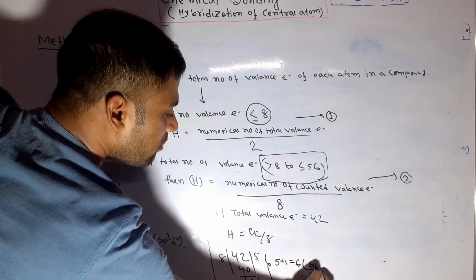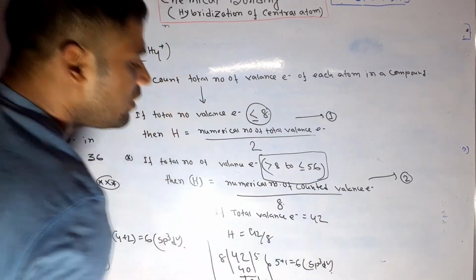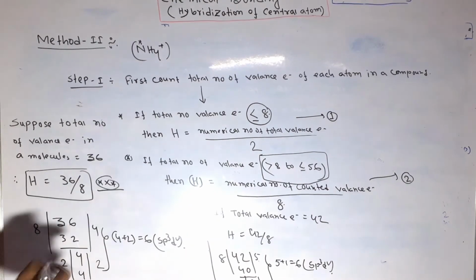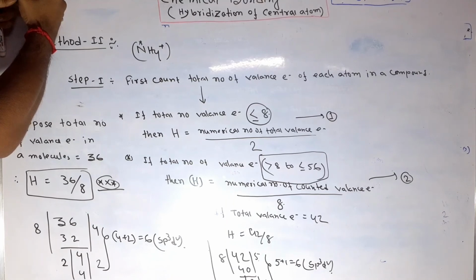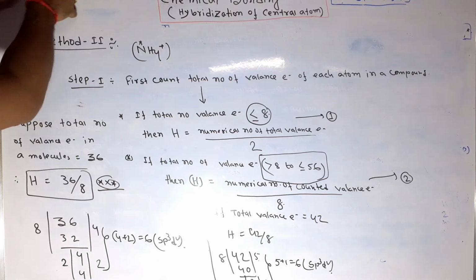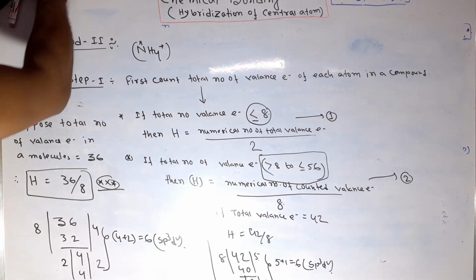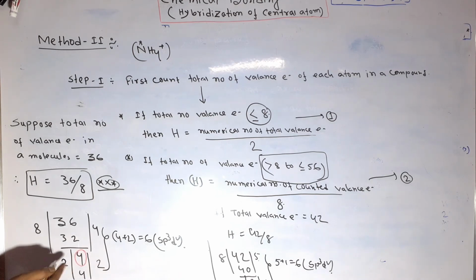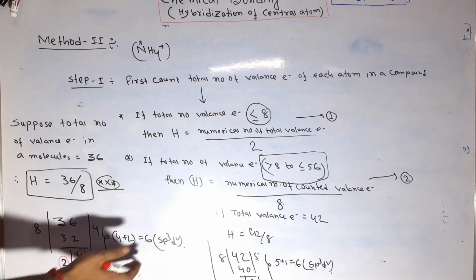So the hybridization name is sp3d2. This is the special type of dividing procedure, and it only works by following this mechanism, otherwise the result can be wrong. The remaining result is always divided by 2, not other numbers, and then the final result follows.